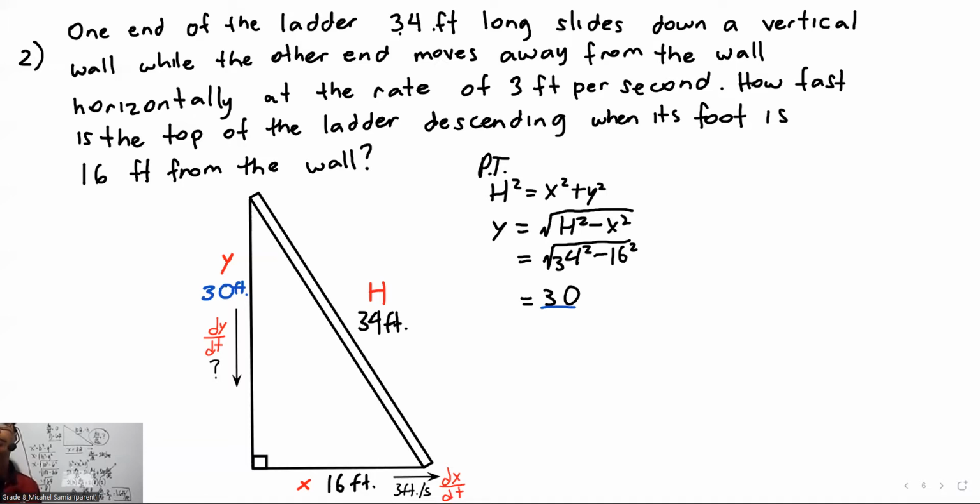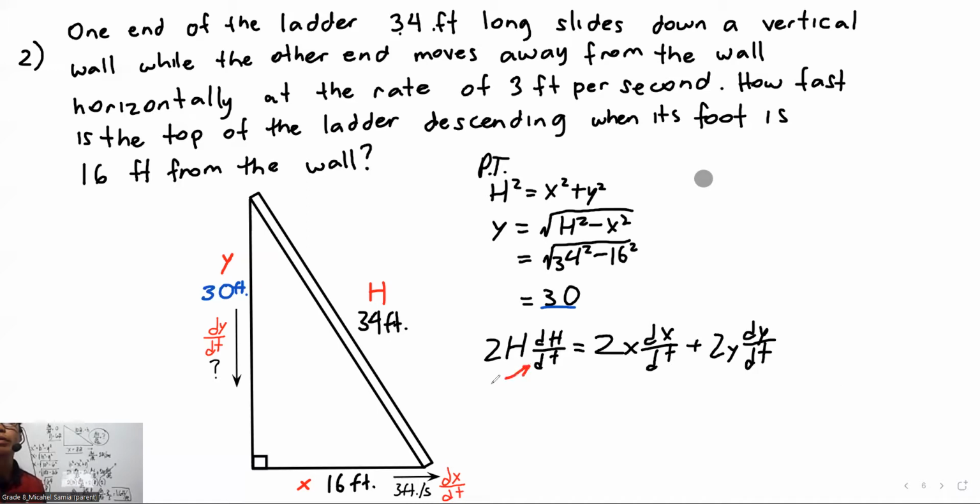Differentiating this formula. Since h is constant, dh/dt is 0, since the ladder is not increasing in length.